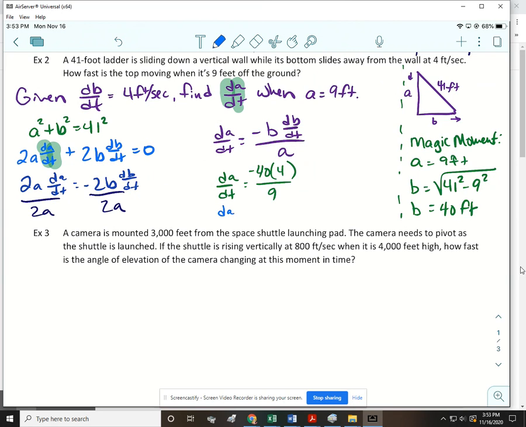So dA/dt is going to be negative 40 times 4 divided by 9.